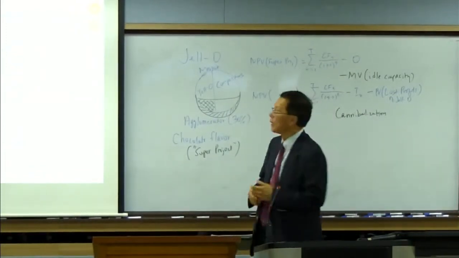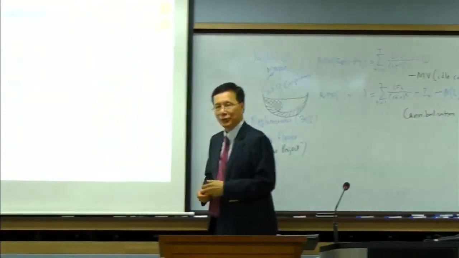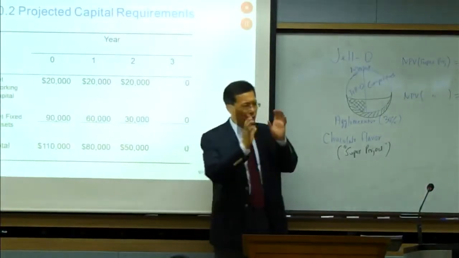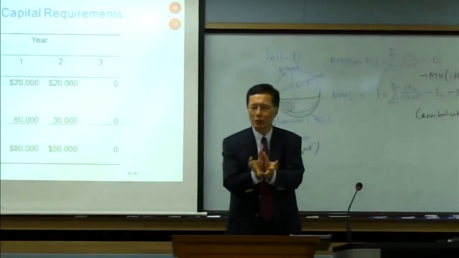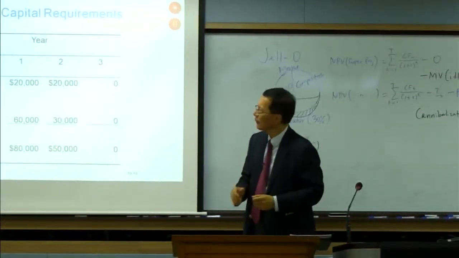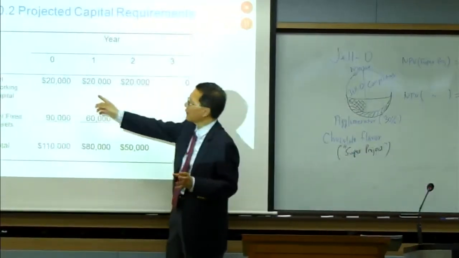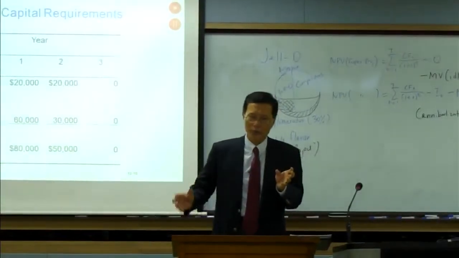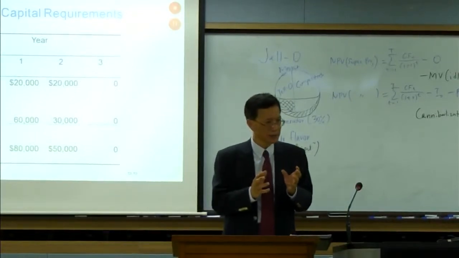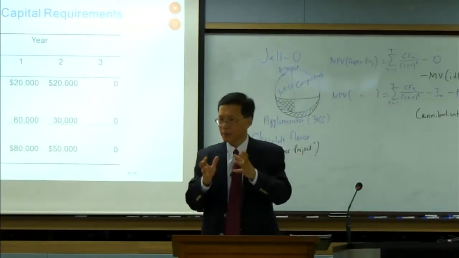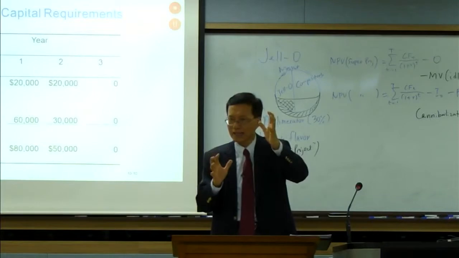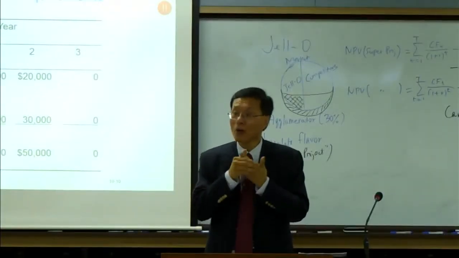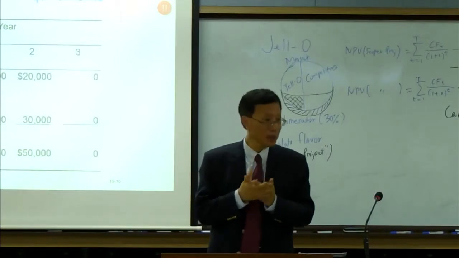Now, projected capital requirements. The company is to buy a machine which costs 90,000, and the company needs to have $20,000 of net working capital. When you introduce a new product into the company's already existing product lines, the company will need more inventory, more accounts receivable, and more cash.